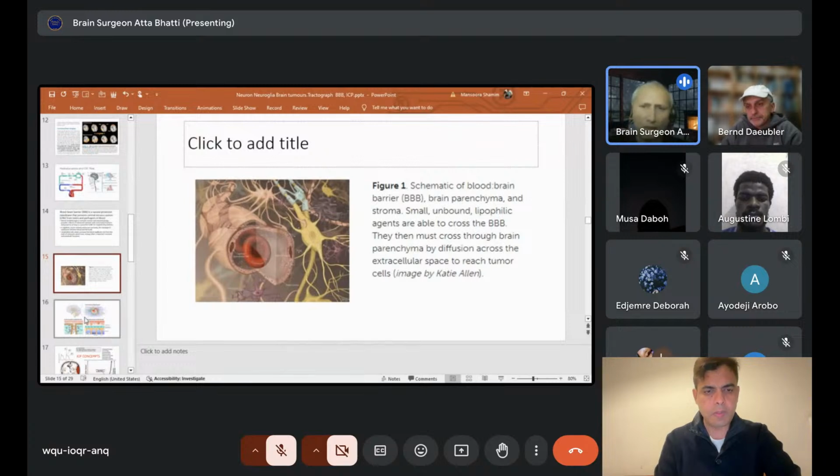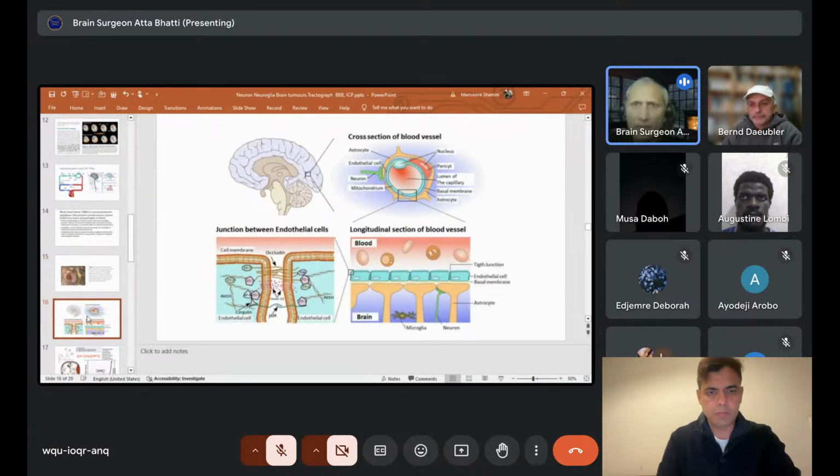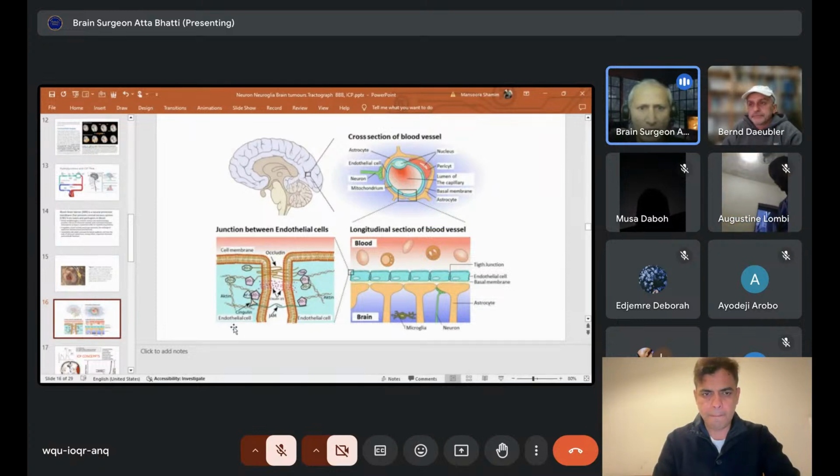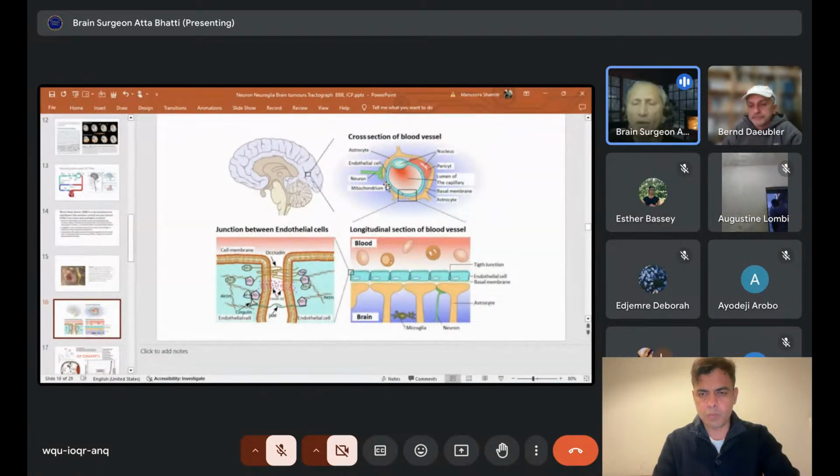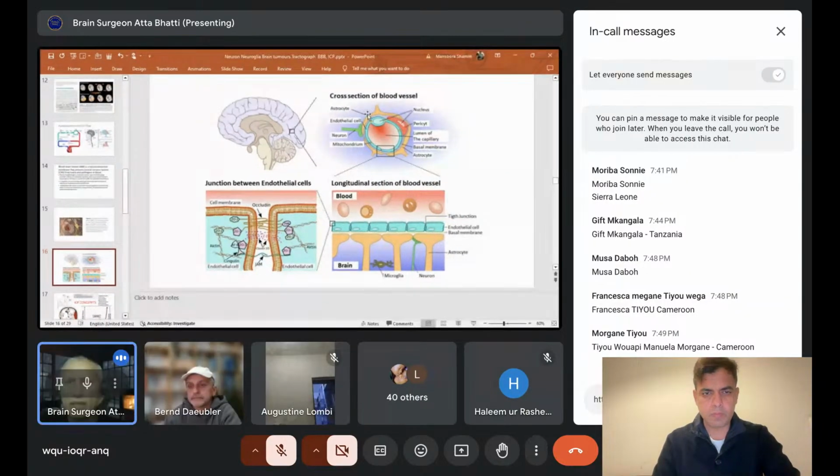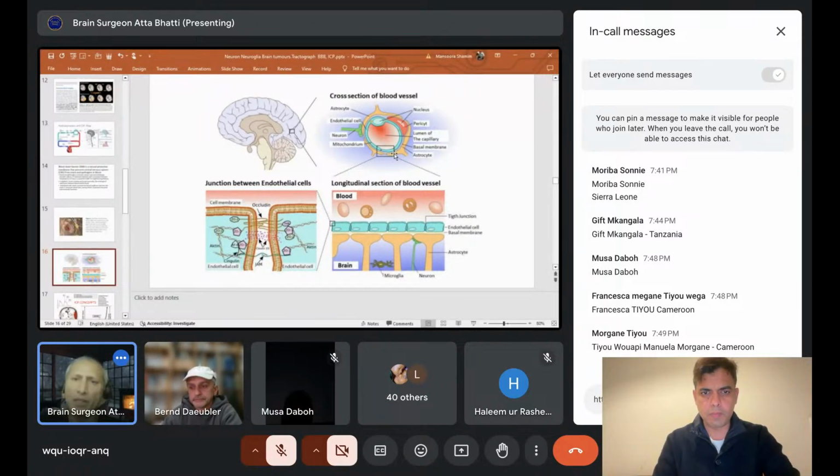If we see the cross-section of the blood vessels, the endothelial cells, we see the part where the blood is flowing. We see that the blood vessel is surrounded by astrocytes, the supporting cells, and by the luminal endothelial cells.